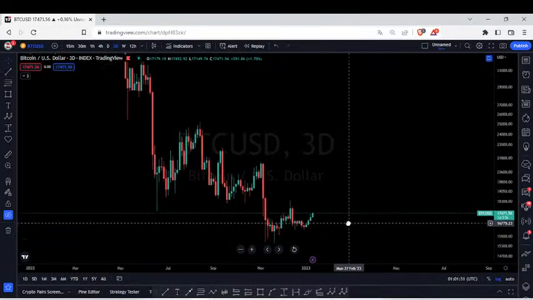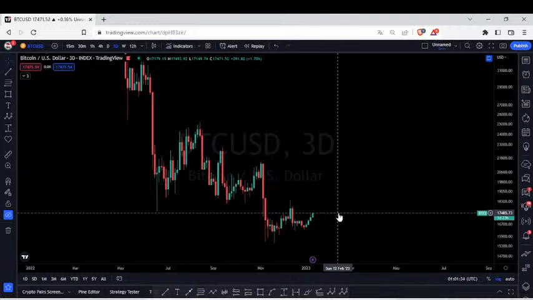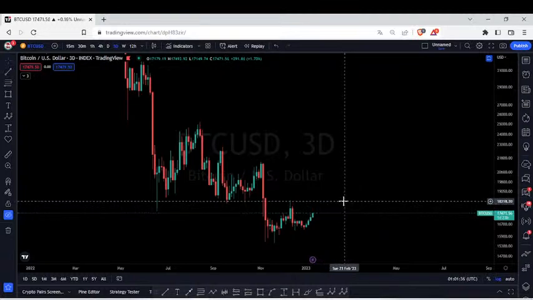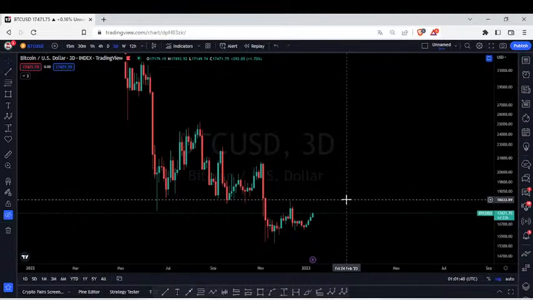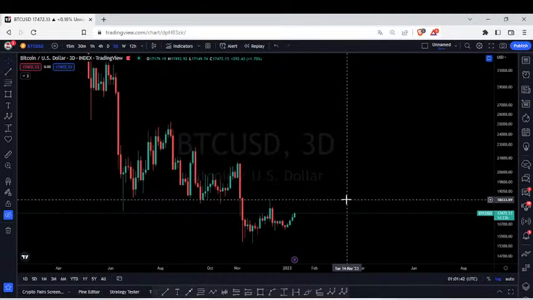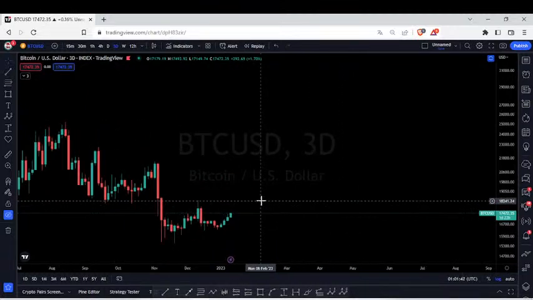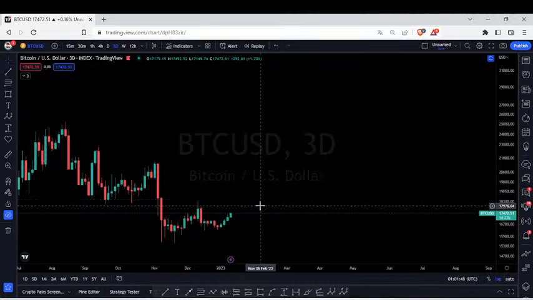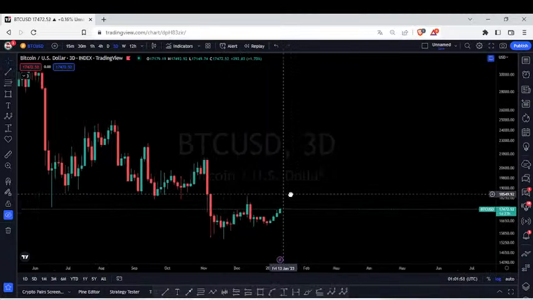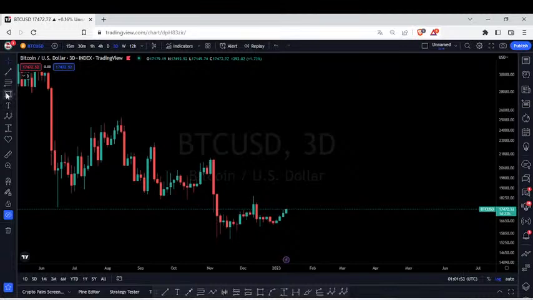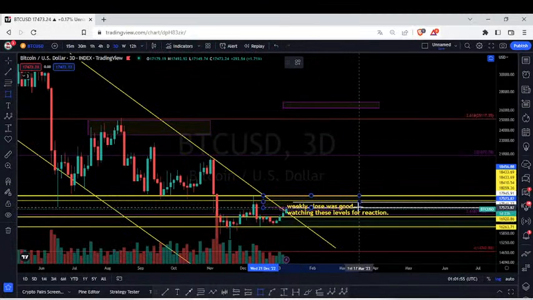Okay. Now, 200-day moving average is still sitting around 18,000 and 18,500, around about there. Okay, this wick that was left in this area, 18,500, is a gap. Okay, it's a massive gap.